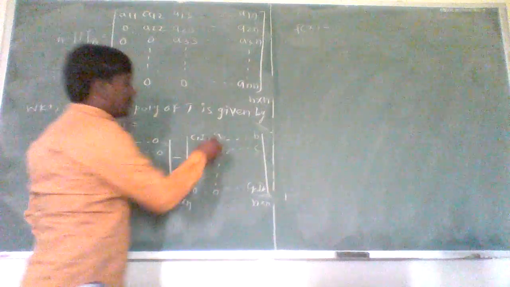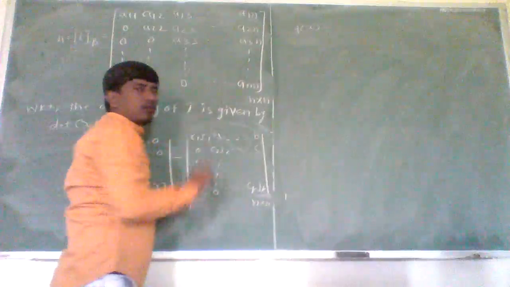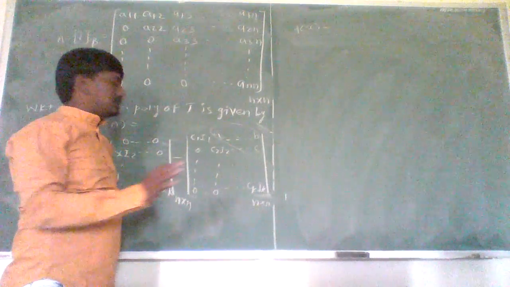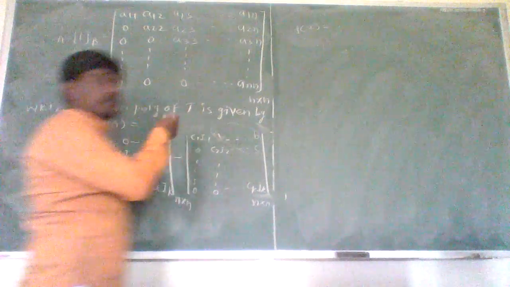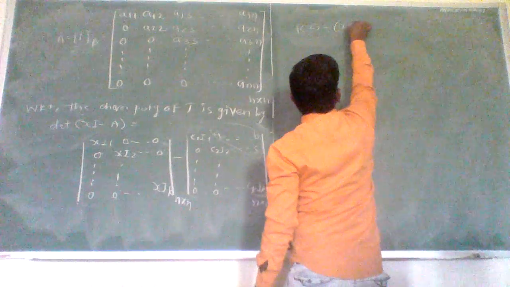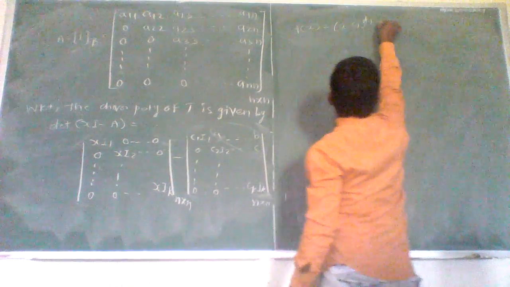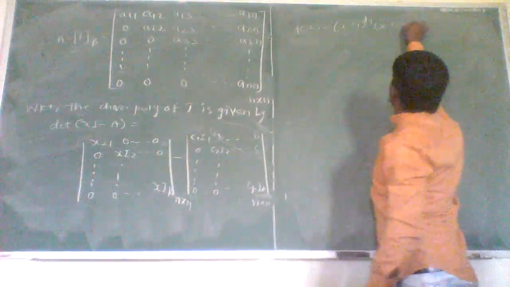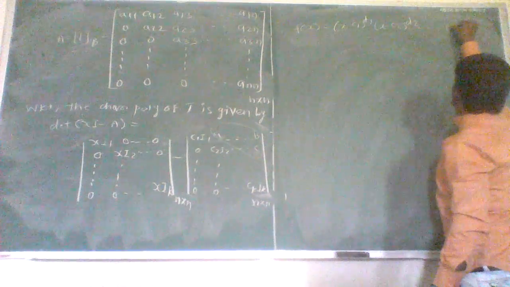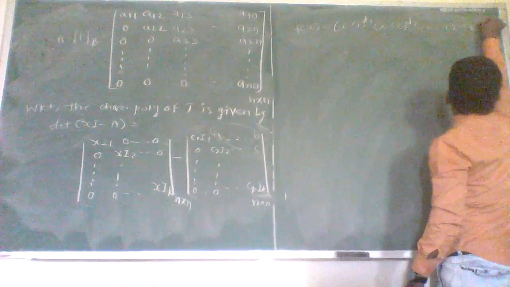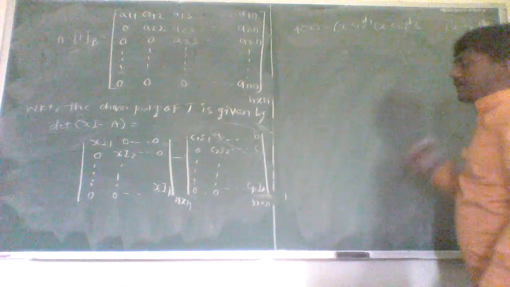Therefore, whatever these values are, they do not appear in the characteristic polynomial. So its characteristic polynomial is nothing but (x minus c1) to the power d1, (x minus c2) to the power d2, up to (x minus ck) to the power dk. Okay, now this one is the characteristic polynomial.